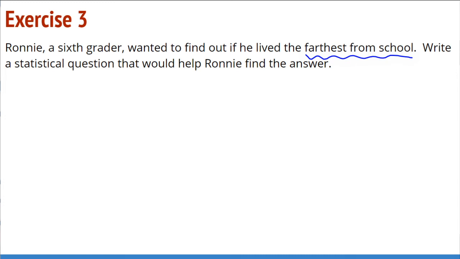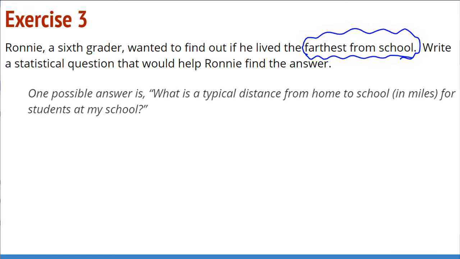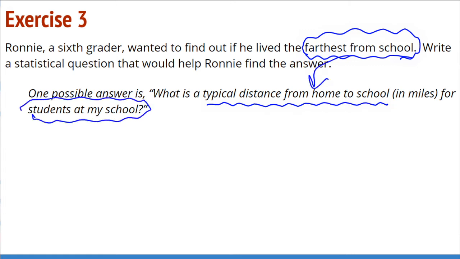Now, how do I pose my question so that it has the variability? I'm collecting the data, distance from school, but I need to have the variability in play. So one possible answer would be, what is a typical distance from home to school? So there is my distance from school. I get my variability by saying that I'm going to ask the students at my school.